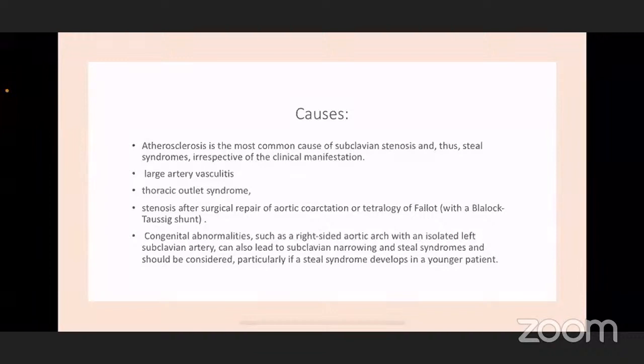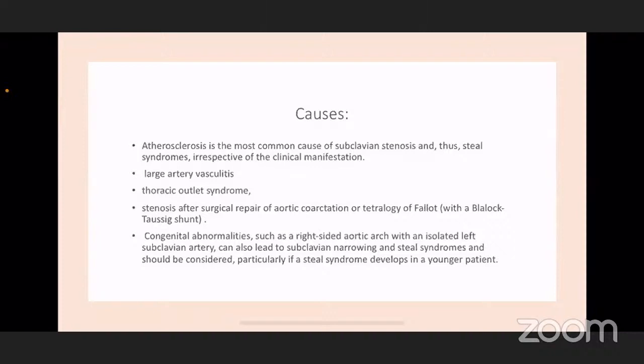Other causes could be large artery vasculitis, thoracic outlet syndrome, or any compression syndrome. We can have stenosis in the subclavian after surgical repair of aortic coarctation or tetralogy of Fallot. So here the history of the patient and the previous procedures or operations he has had is very important.